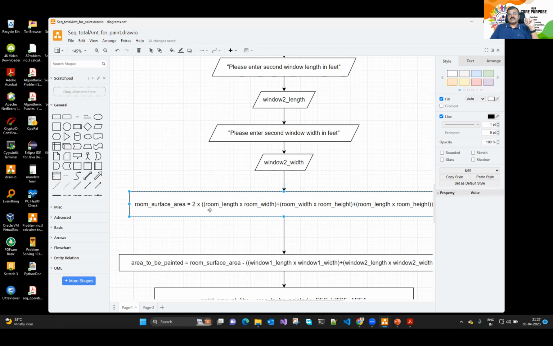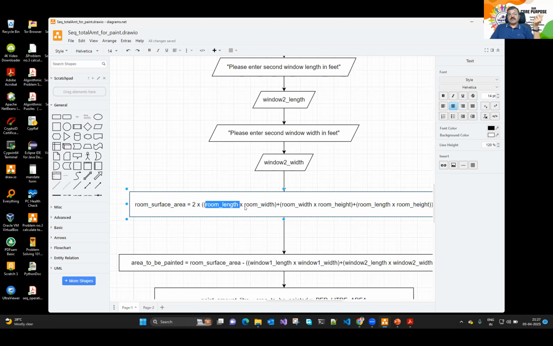Come on, all engineers. Can I say room ka length into height into width 2 times? Yes, sir. So there is no need to make this formula so long. It could be room ka length into room ka width into room ka height, twice of that. So why make it so scary and so lengthy, and then it only adds to confusion?